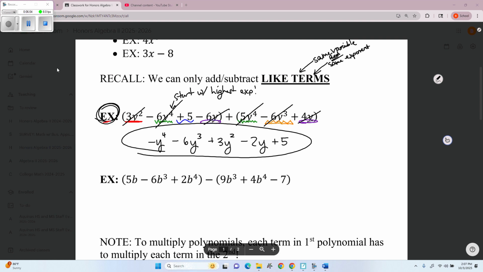This is it. When you come down to the second example for subtraction, there is a big thing. Caution with subtraction. And the big caution here is if you are subtracting more than one term, friends, we have to distribute the negative.